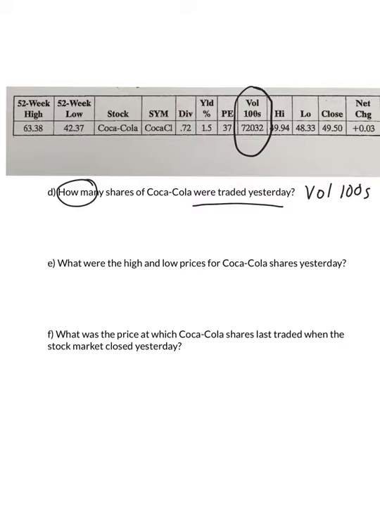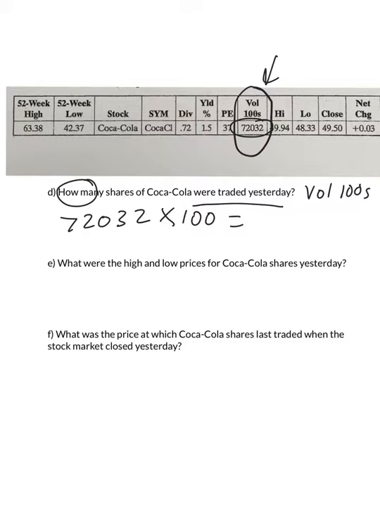So scoop up that number, which right now is 72032. To save some space, they do abbreviate it. Look at the title, volume in 100s. So whatever that number is, times it by 100 every time to see the value that it actually represents.